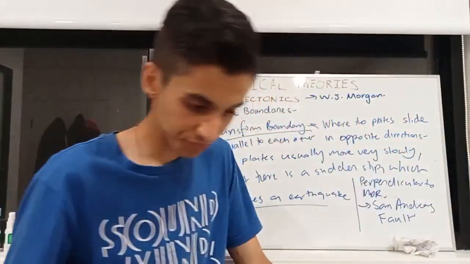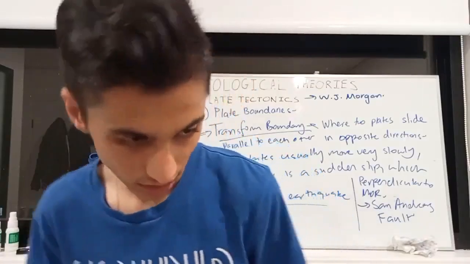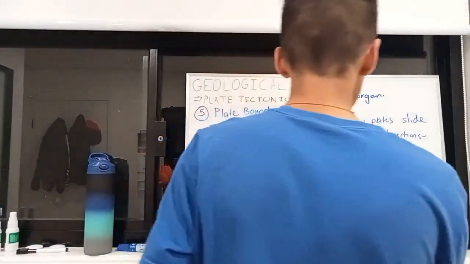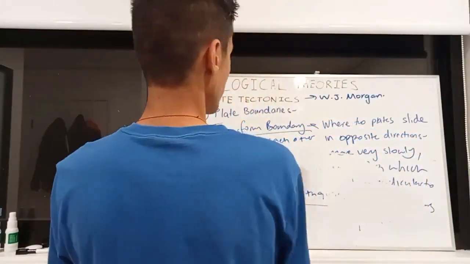Alright, now similar to what we did with the last two plate boundaries, let's look at the main features of a transform boundary.